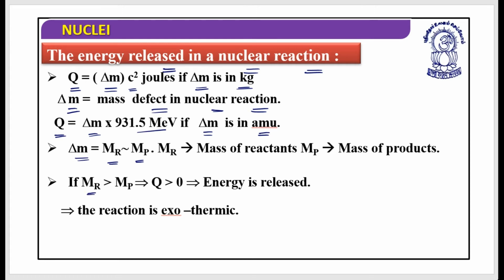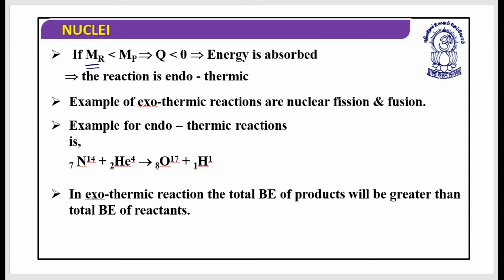If mass of the reactants is greater than the mass of the products, then Q is greater than 0 and the total amount of energy is going to be released, and this reaction is known as exothermic. If mass of the reactants is less than the mass of the products, then Q will be less than 0 and energy is absorbed, and this reaction is considered endothermic.